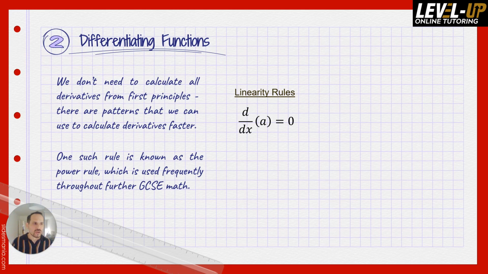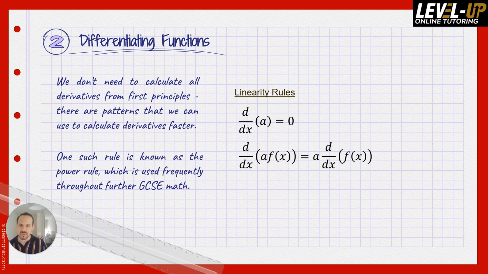Why? Because what we're basically asking there is how does this number change as x changes? Well, the answer is it doesn't. It's a constant. It's a number. It doesn't change. By definition, a constant doesn't change. So therefore, the derivative is 0, which means it's not changing at all.